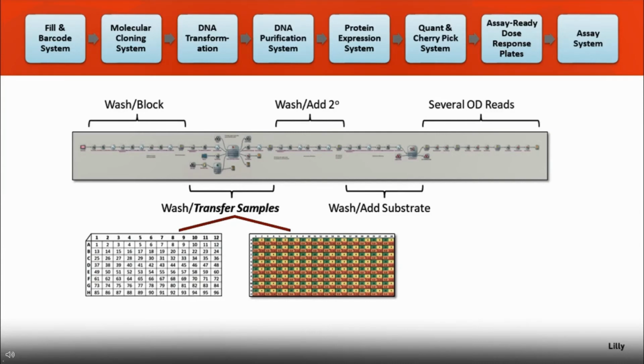And so a typical ELISA process would be: do your wash and block, transfer samples, add your secondary substrate, and then in the system we do several OD reads. And that's one of the nice things, we can do several reads because the plates are always on there.